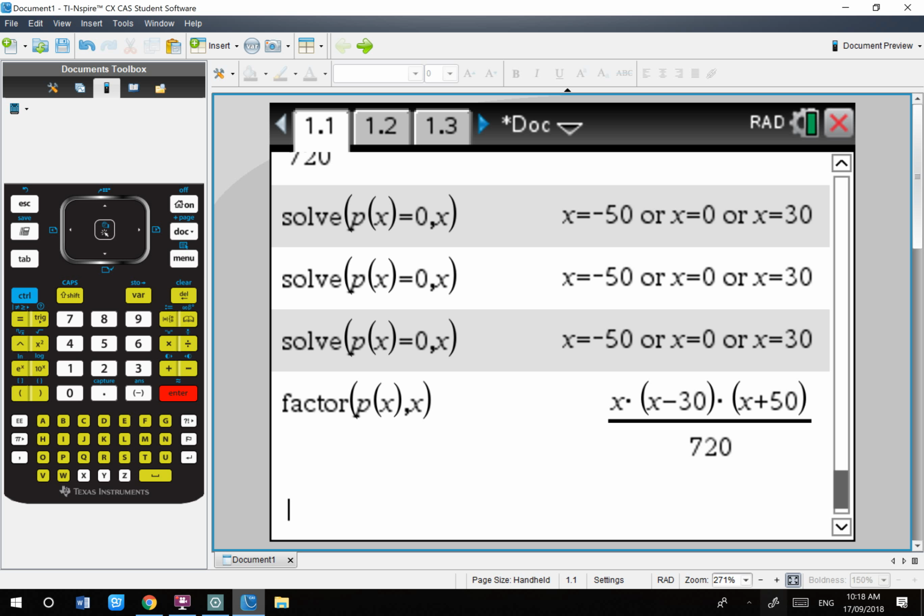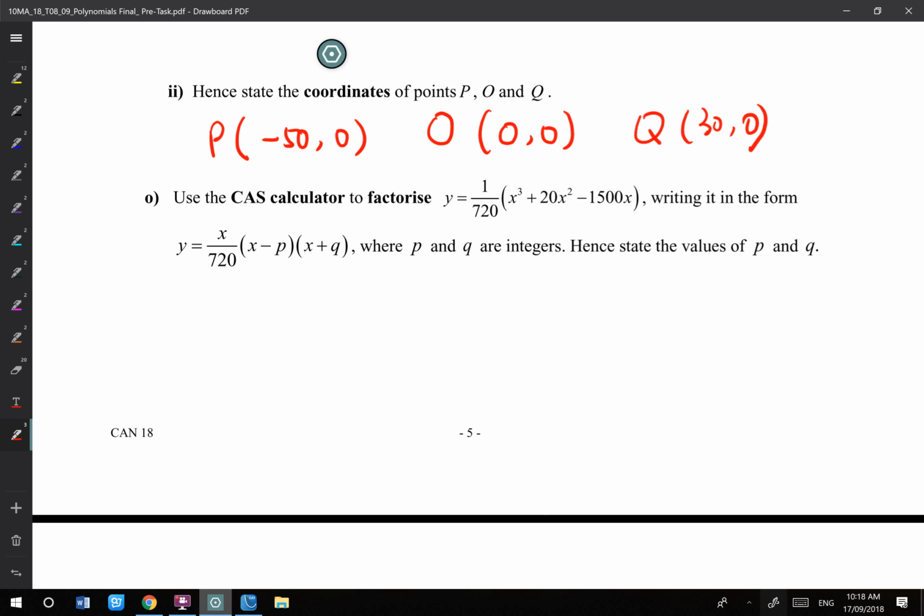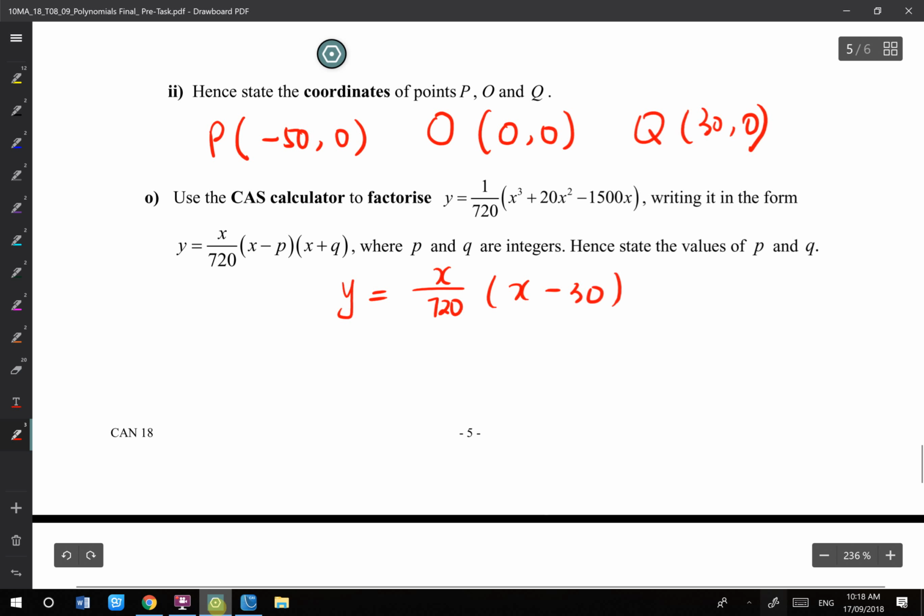Well, it's not exactly the same as the form given to us in the question, so I need to adjust the form a little bit. So I have y equals to x over 720, x minus 30, and x plus 50. So my P value should equal 30 and my Q value should be 50. Very obvious.